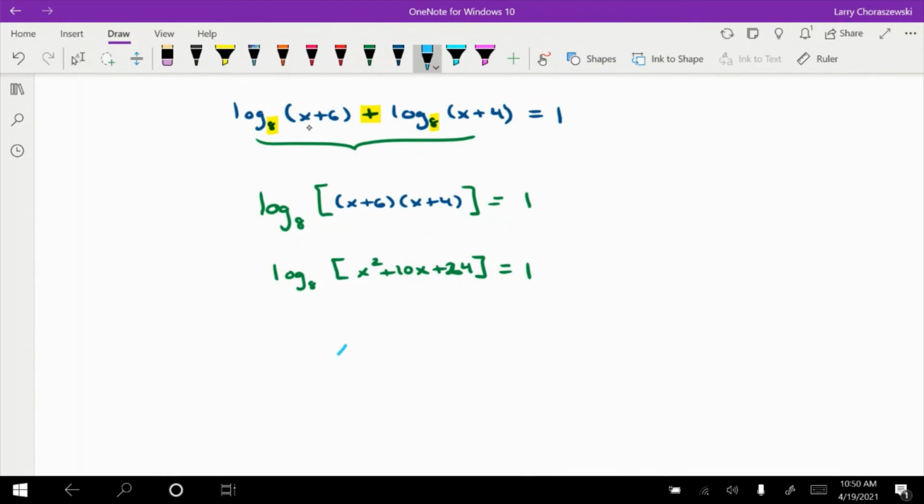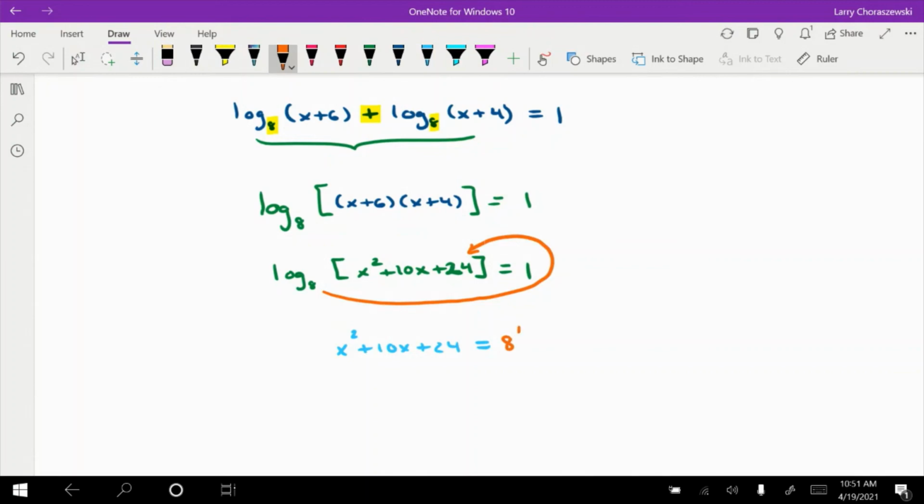Now, let's release x squared plus 10x plus 24 out from the argument. What number goes on the right-hand side? This is one of the most common errors I see. So if we log loop, which is one method from the log to the quadratic equation, we should have 8 to the power of 1.